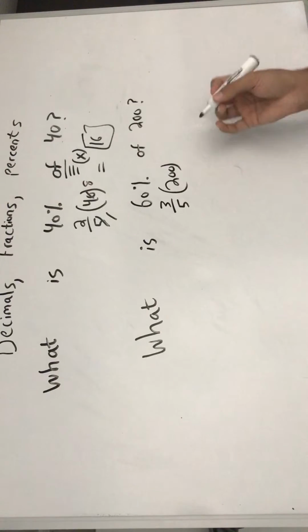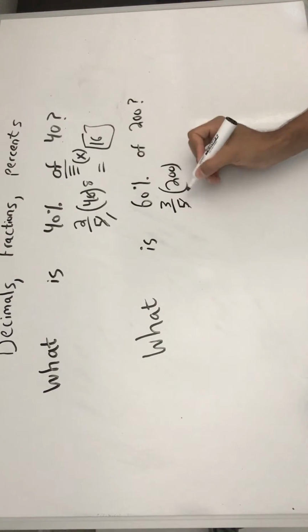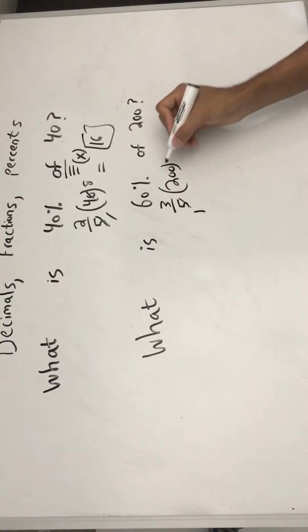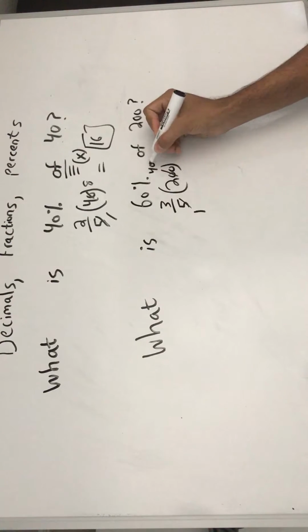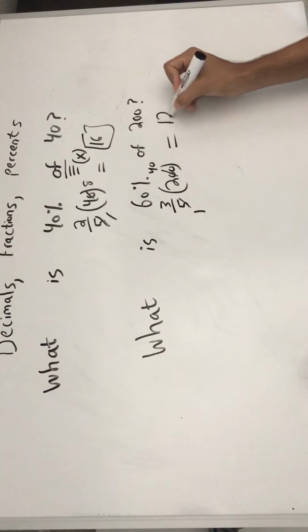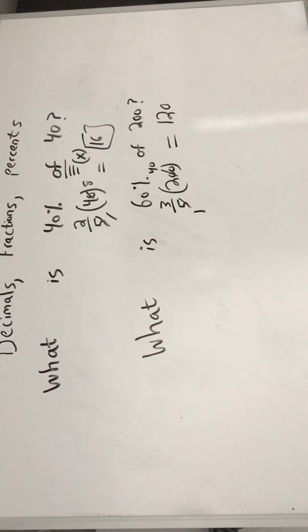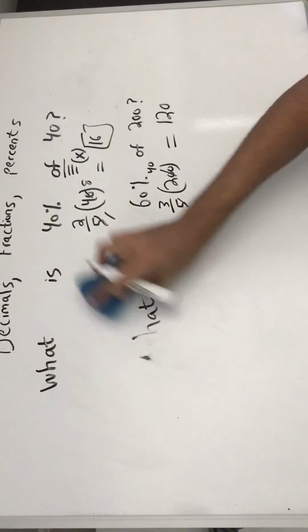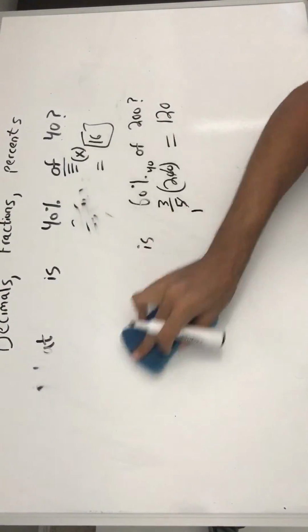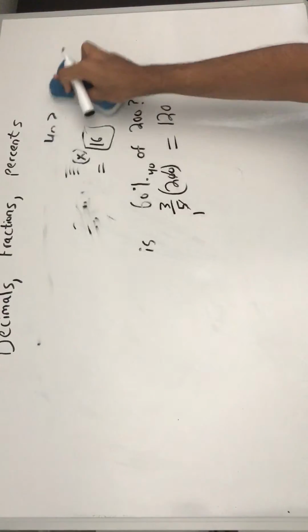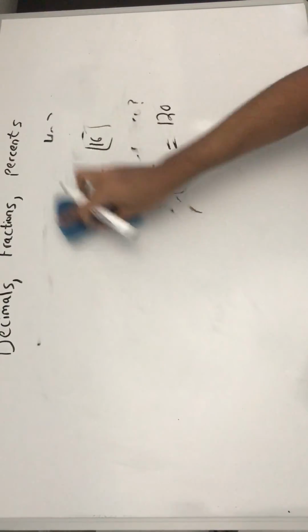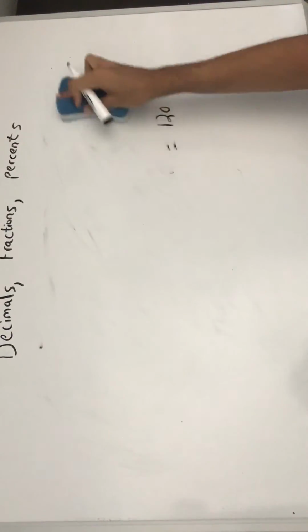And so just doing the math, 200 divided by 5 is 40, 40 times 3 is 120. Therefore, 120 is 60% of 200. So these are the basic problems that you may encounter, and again, you need to understand that of means multiplication.